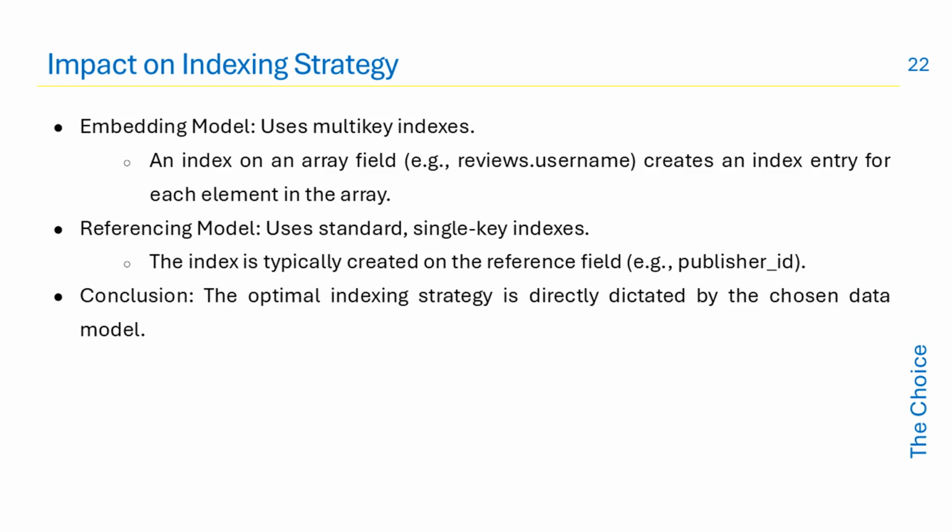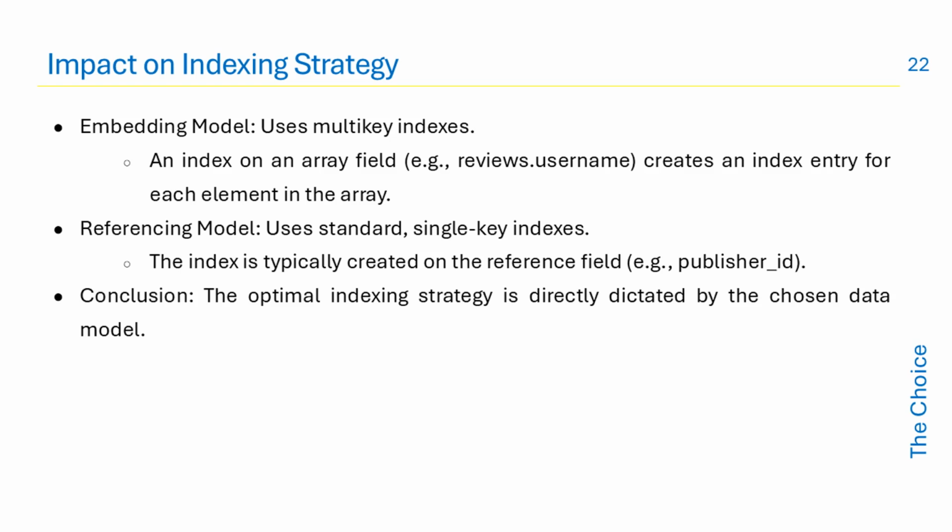It creates a separate index entry for every single value in that array. This is extremely powerful, as it allows for highly efficient queries to find, for example, all products reviewed by a specific user.